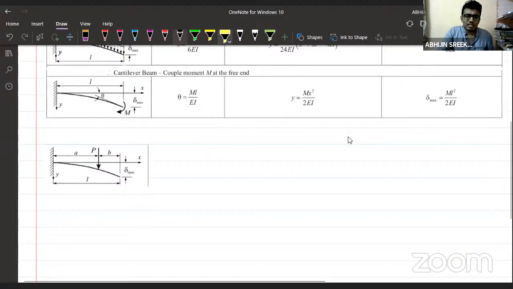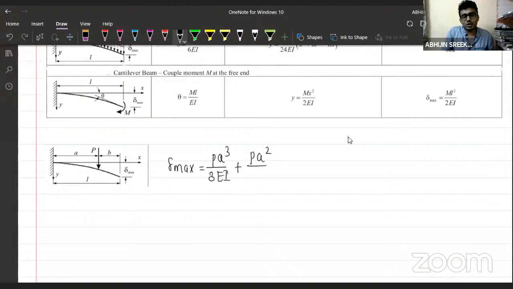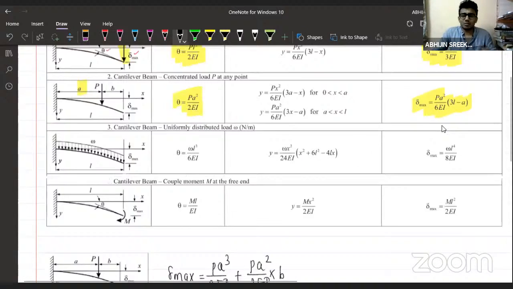We can get it like this: deflection delta max will be equal to Pa cube divided by 3EI plus slope, that is Pa square divided by 2EI, into the remaining distance, that is b. This is basically the concept we have used to calculate the delta max here. You can check, both are the same.